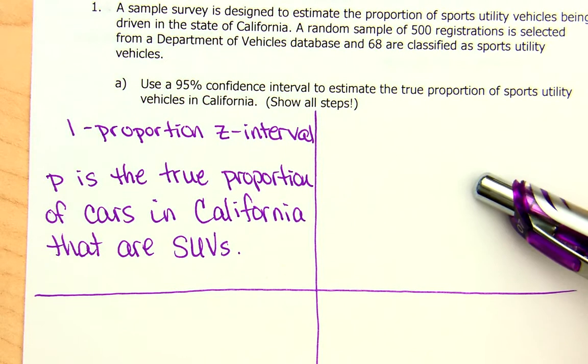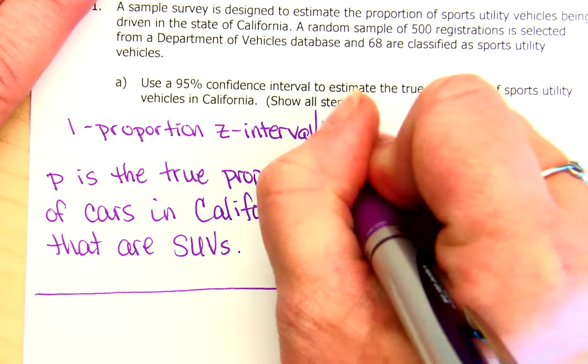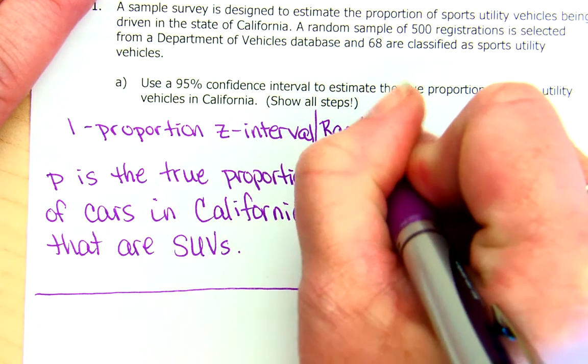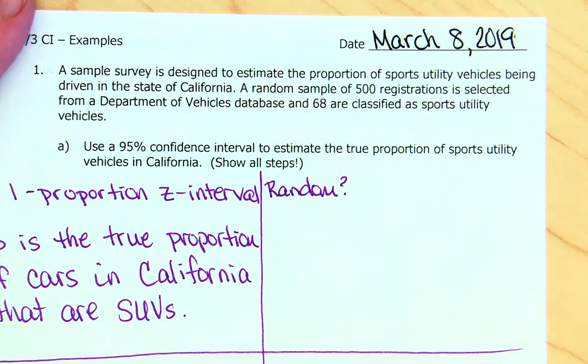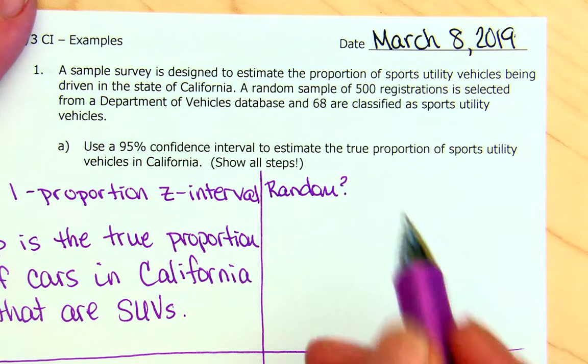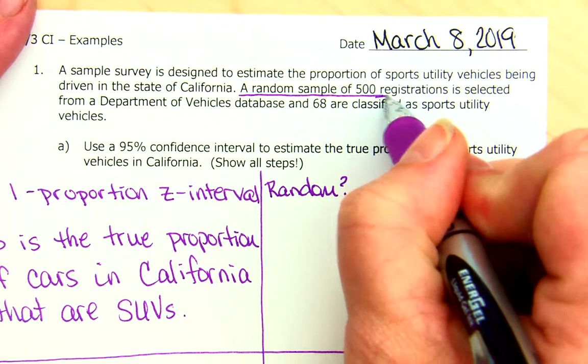Now we need to check conditions. So there are 2 conditions. We need to check for good enough data, so that's our randomization, and then we want to check for the sample size or normality. So we want to know, is it random? So did it say anything up here in the problem about randomly doing this? Yeah. So it tells us it's a random sample of 500 registrations.